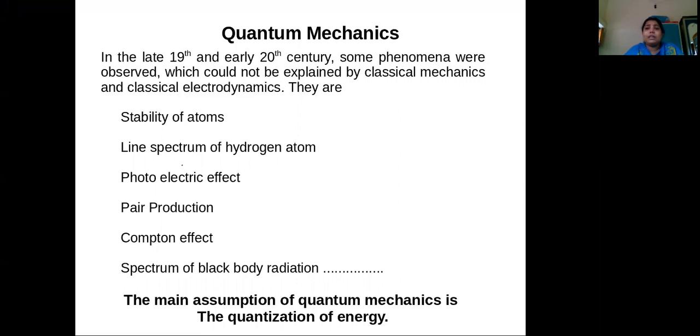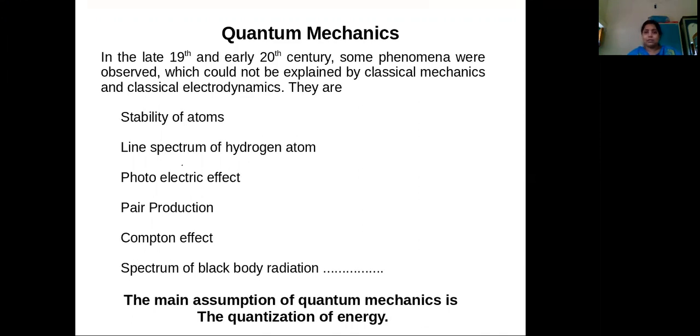For example, if you take the stability of atom, before the Bohr model came in, there was Rutherford's atomic model, which stated that there is positive charge contained inside the nucleus of the atom, in a very small portion, and the electrons were orbiting around the nucleus, and they can orbit in any orbital.